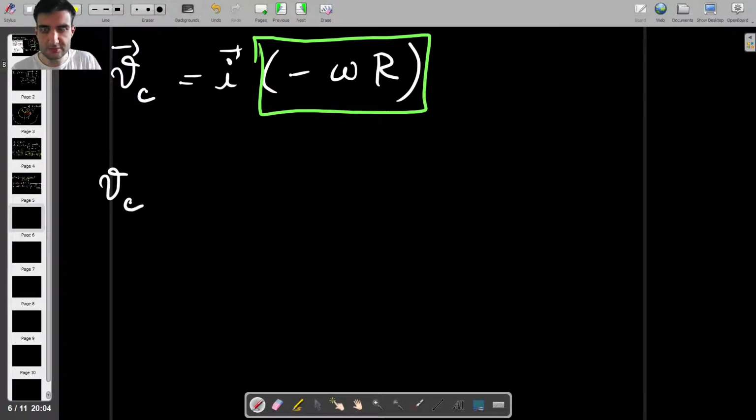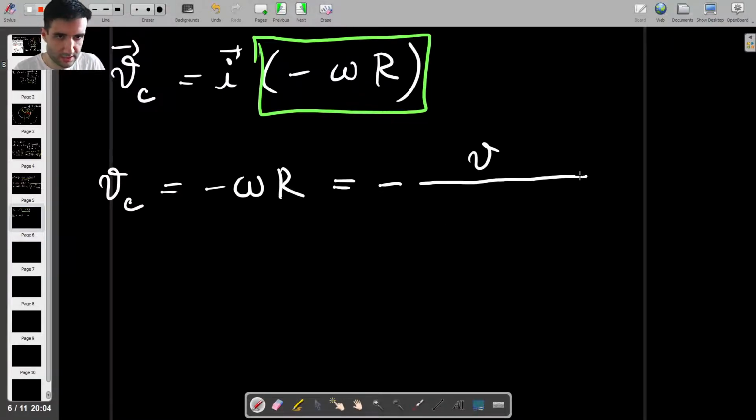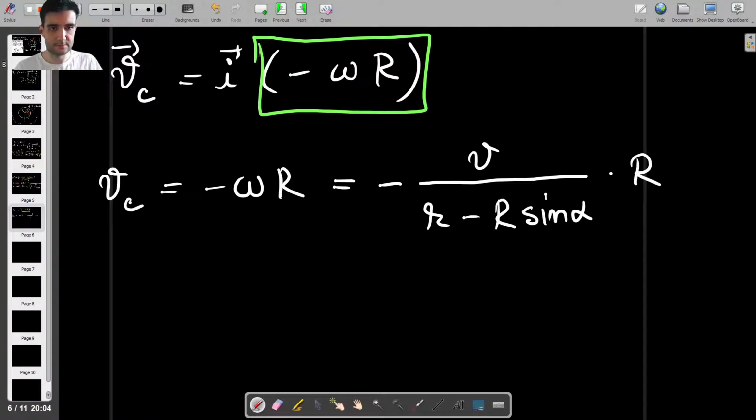The velocity of the center of the spool is minus omega R. If we cancel out the i, if we turn this into a scalar formula, this will be minus omega, which is what we got on the previous page, so it's just minus v over small r minus capital R sine alpha, and then times R.